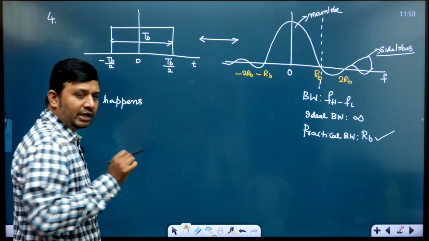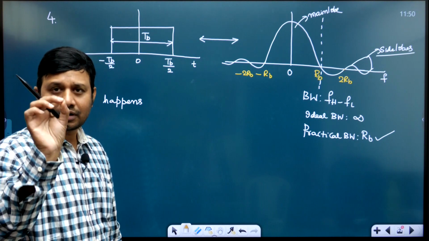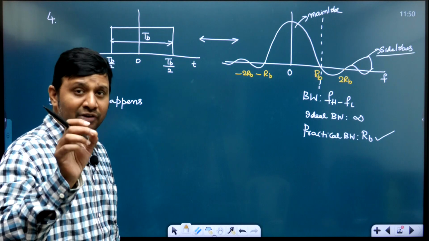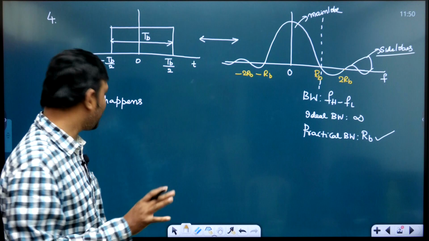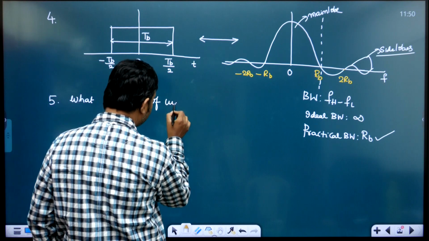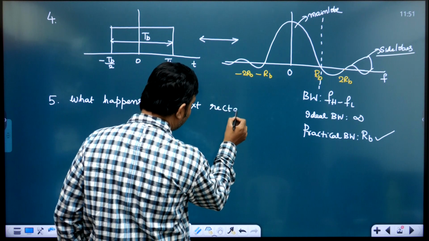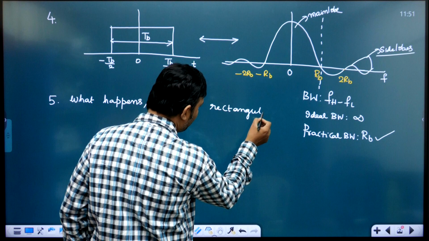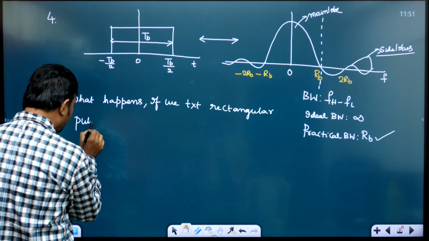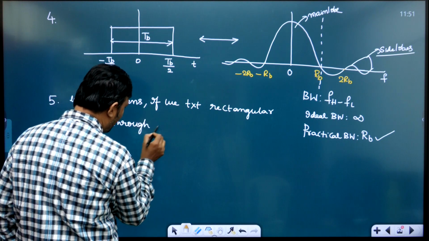Now, the question is, the fifth point: what happens? If you listen to the topic point by point, you won't forget the concept of inter-symbol interference in your life. For interviews, this is very, very important. Right? What happens if we transmit rectangular pulses through a channel?